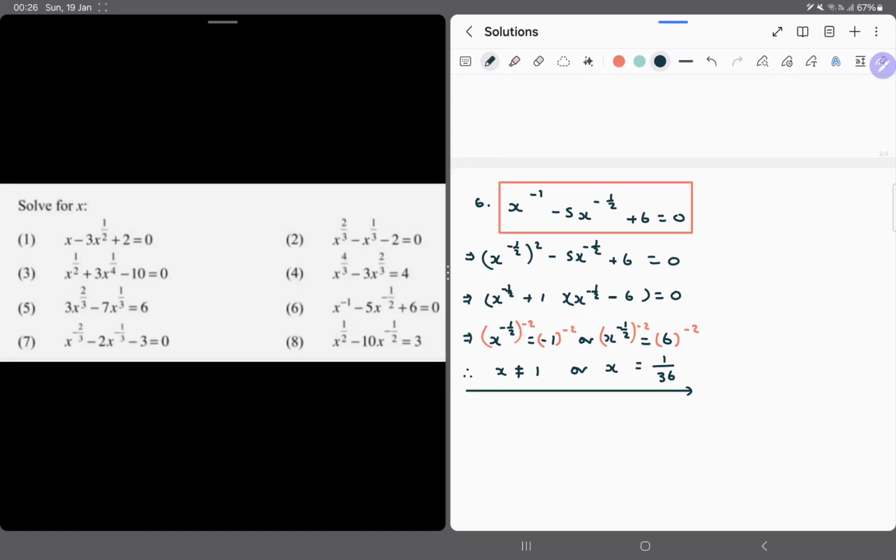Okay, let's check the other one. So this one is doing its own stuff. So we have 1 over 36. This one gives us 12. They cannot both be wrong. What did I do?